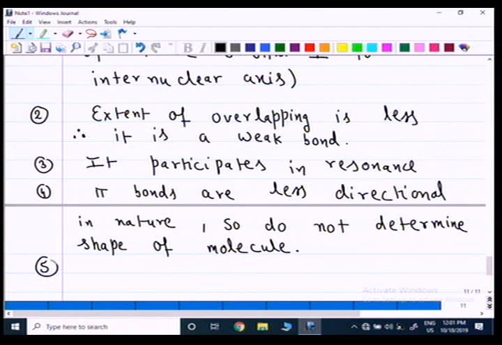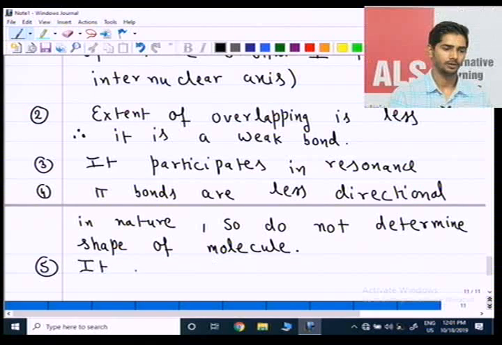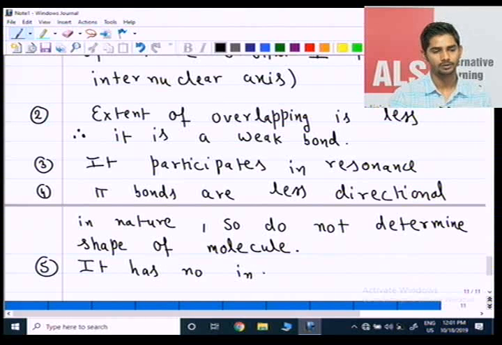Next, pi bond will always be formed, or we can say it will exist, with a sigma bond. It has no independent existence.